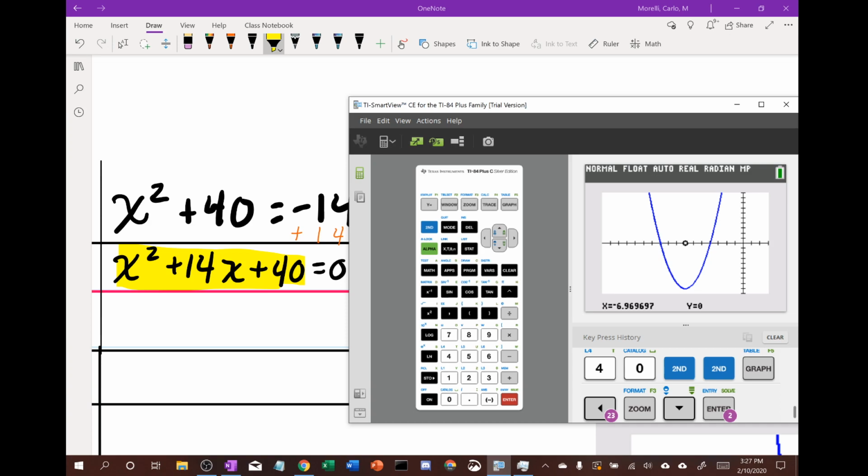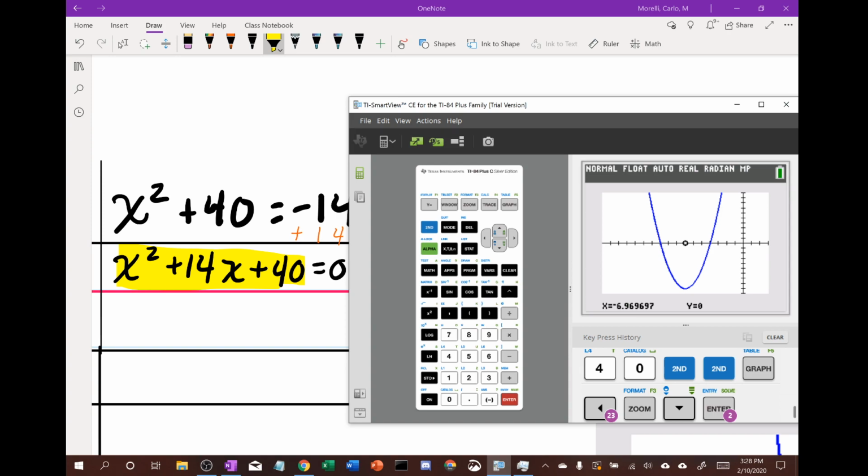What are the answers? No, that's not the answer. You look for where it crosses the x-axis. Count over with the hash marks. Oh, you already got the minimum. Okay, good. Hold on to that. So we need to find out what the solutions are.